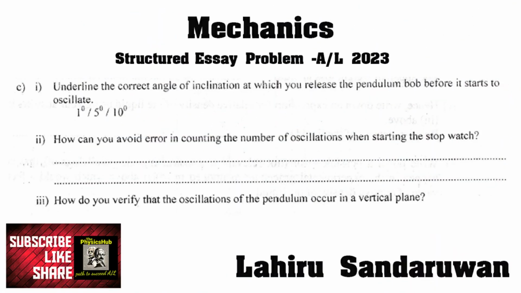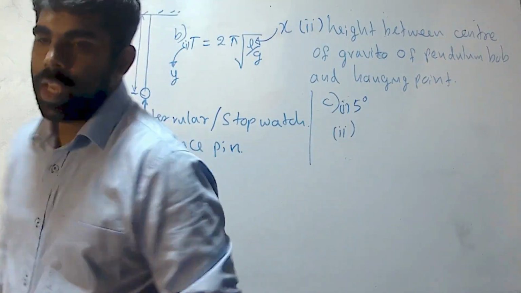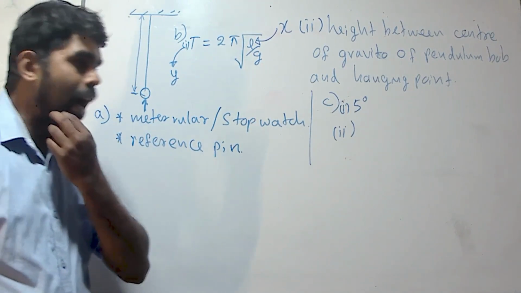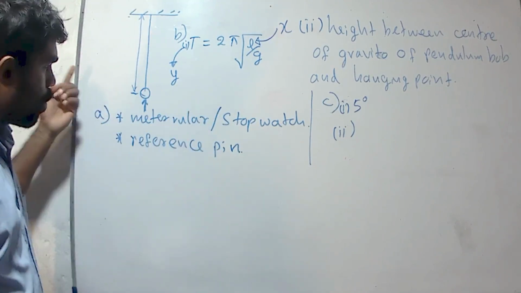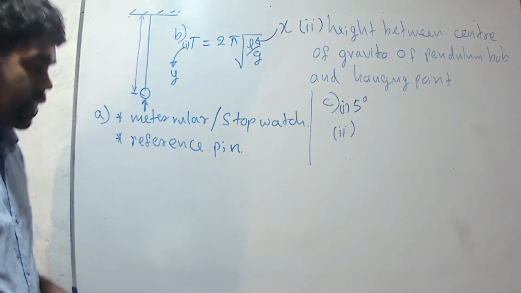Then part 2. How can you avoid error in counting the number of oscillations when starting the stopwatch? We have to start the stopwatch when the pendulum bob is passing this reference point, and then we can count the number of oscillations as 1, 2, 3 like this.